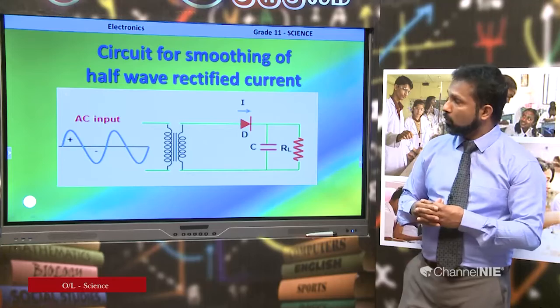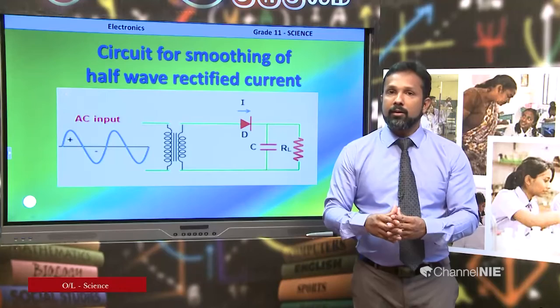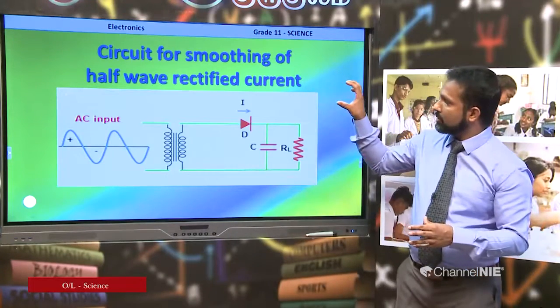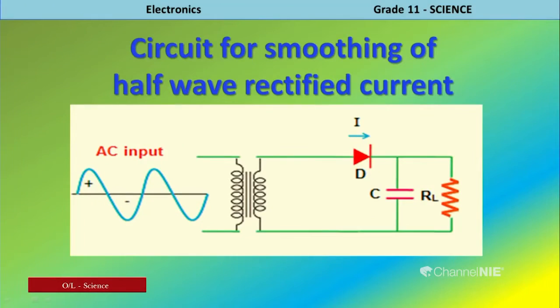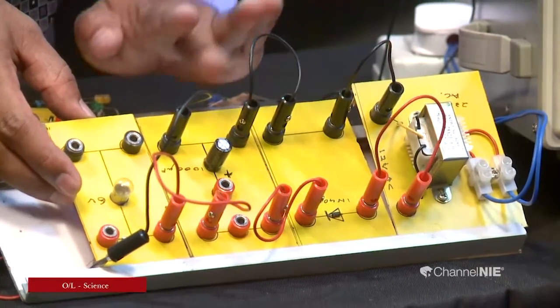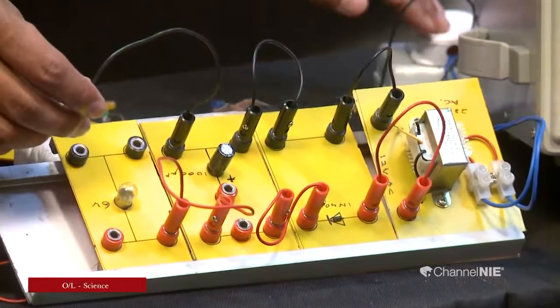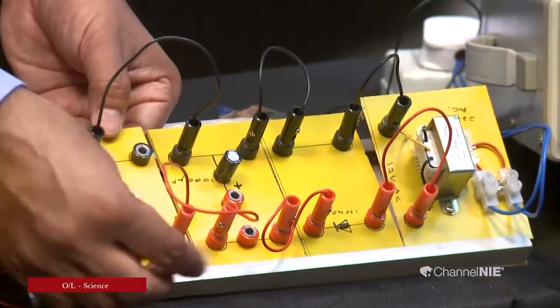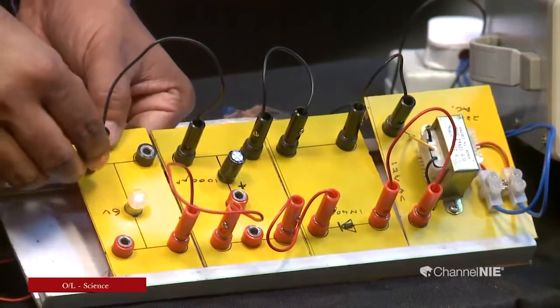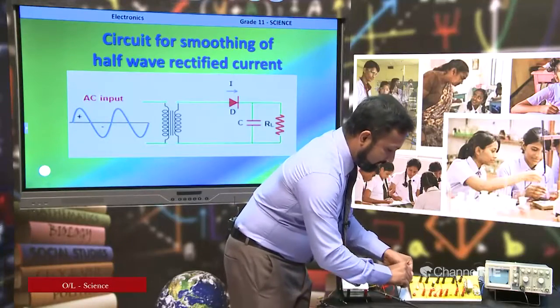I am going to show you how to smooth the rectified current using the capacitor. This is the circuit diagram. I am going to show you that activity. Here I used, as earlier, a step down transformer, diode, capacitor and load. Now you can watch that.